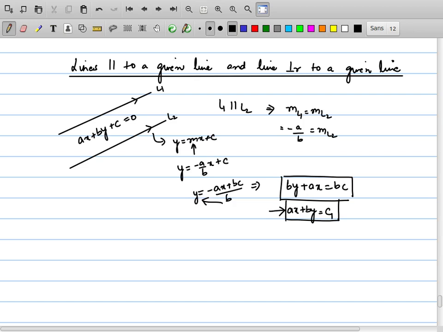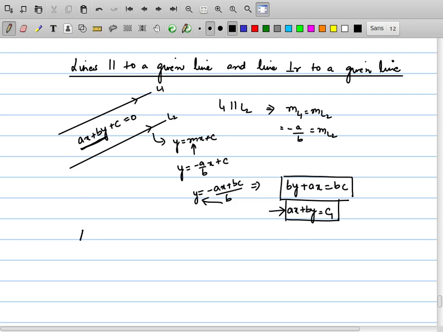What is so special about this? Look at this line. The xy part of the line which is given and the xy part of the line which we want is exactly the same. It means that whenever we have to find the equation of a line parallel to a given line, the required line will have the xy part same as that of the given line.